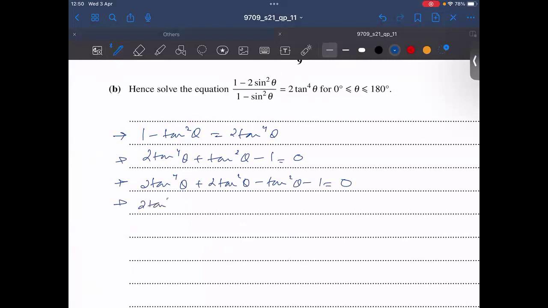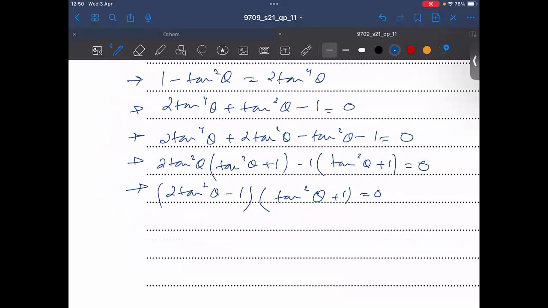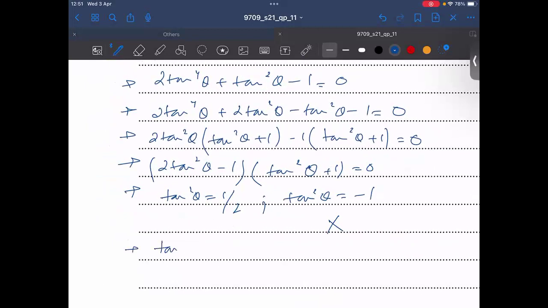It's going to be 2 tan square theta minus 1, tan square theta plus 1 equal to 0. Is it clear or not, Miss Iman? So it's going to be tan square theta equals to half, tan square theta equals to minus 1. You're not going to get any solution out of this. And from here, you're going to get tan theta equals to plus minus 1 over square root of 2.